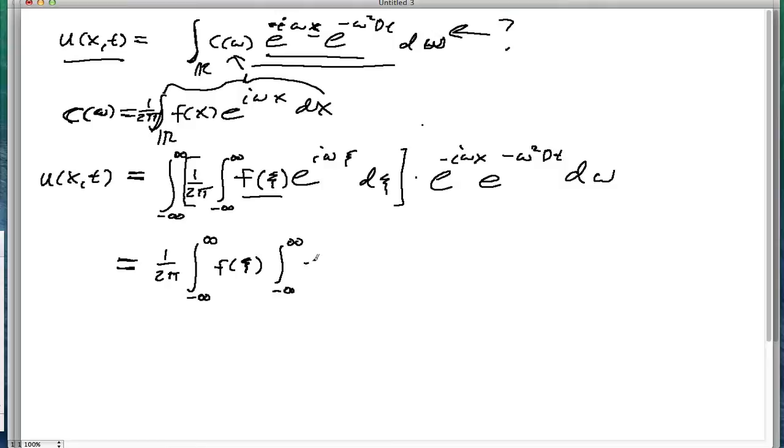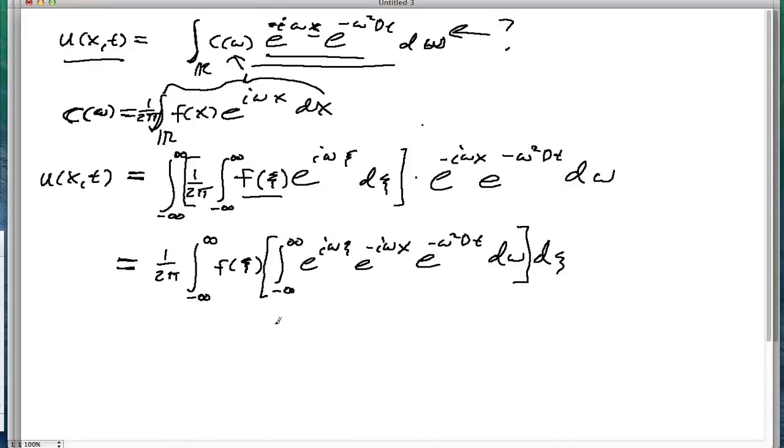So that'll be an e^(i omega c), e^(-i omega x), e^(-omega squared dt) d omega. So sorry, oops, we made a mistake here. That's d omega and then dc on the very outside.